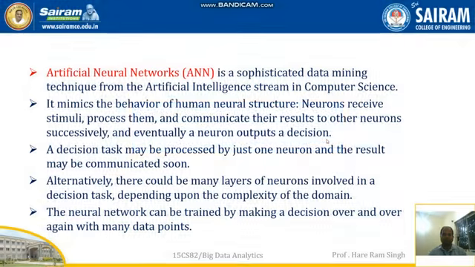Neurons receive stimuli, process them, and communicate their results to other neurons successively, and eventually the neurons output a decision. So neurons receive the data from one neuron, process those data, and communicate with another neuron.